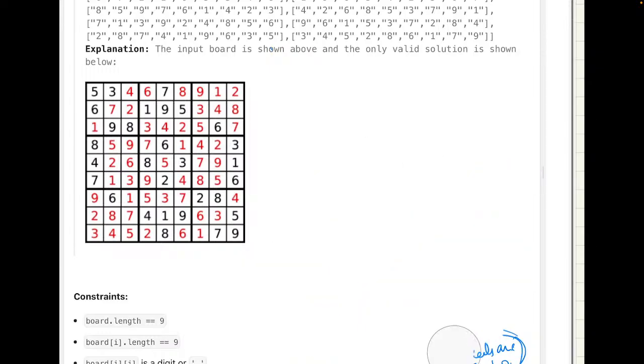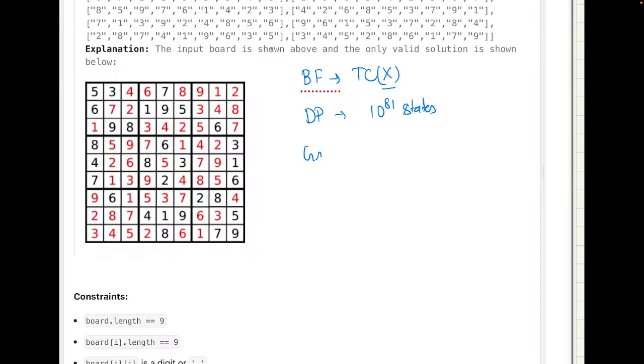So where we stand currently, let's quickly examine that. If we use brute force, forget about time complexity, it will never be met. If we use DP, there we are saying 10 to the power 81 states are possible. Now, if I talk about the other thing, which is greedy, which is not cracked yet.